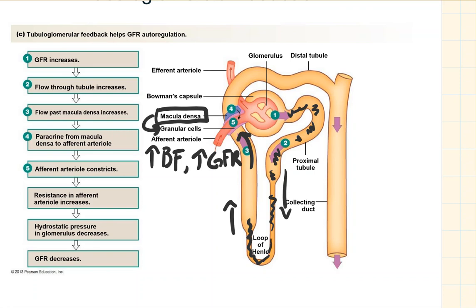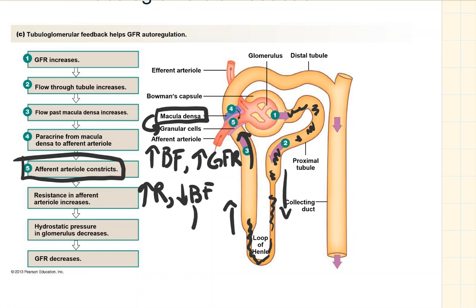And the granular cells are on the afferent arteriole. They will tell the afferent arteriole to vasoconstrict, because vasoconstriction increases resistance, which decreases blood flow, therefore decreasing GFR. So the whole goal is to get GFR back down, because we started with an increased GFR.